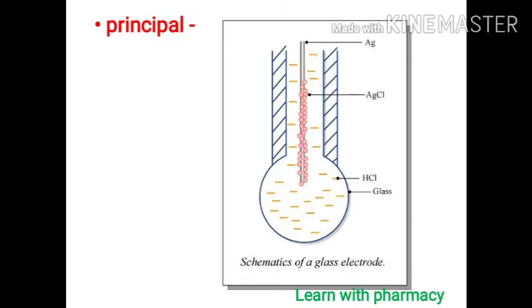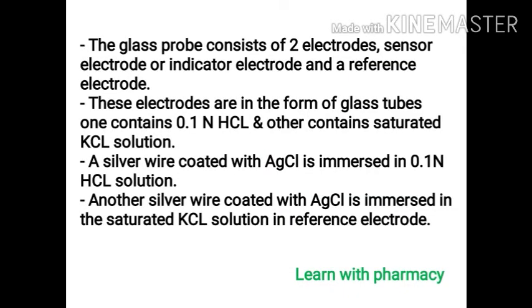Silver wires are used which are coated with silver chloride as we can see in figure. And the glass electrode is filled with 0.1 normal hydrochloric acid, and the glass membrane is pH sensitive. And the silver wires are connected to a meter. The glass probe consists of two electrodes, sensor electrode or indicator electrode and a reference electrode.